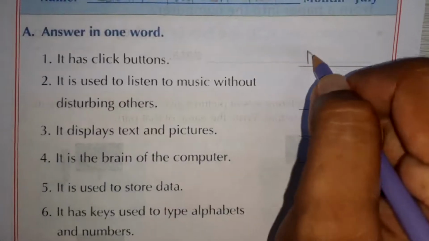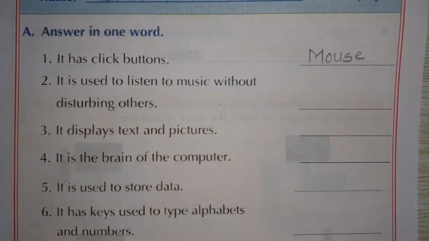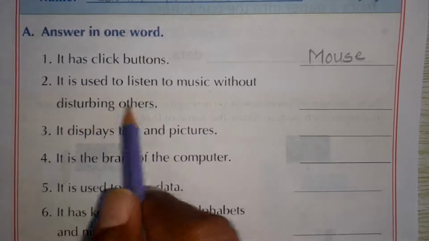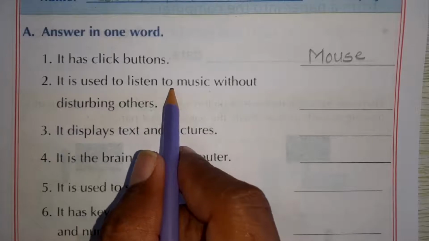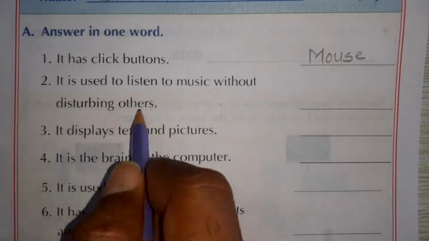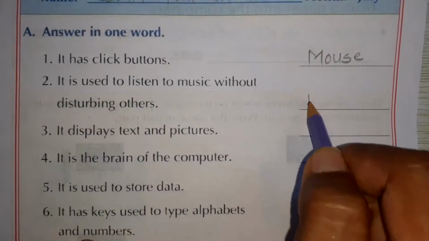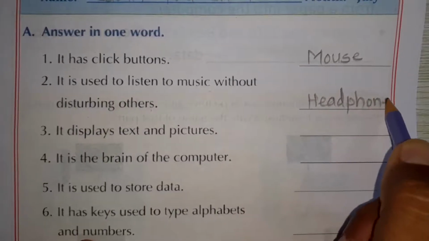Mouse. Mouse has the click buttons. It is used to listen to music without disturbing others. We listen to music with the help of headphones without disturbing others. Okay.